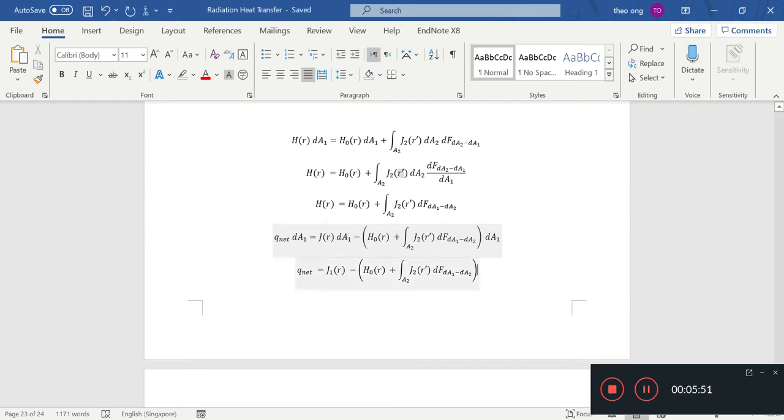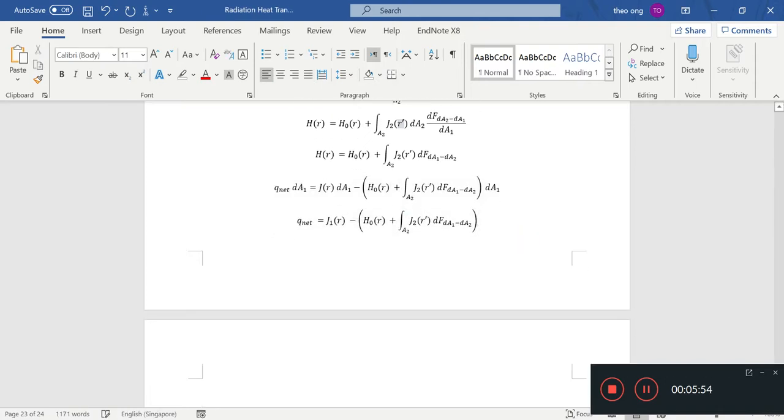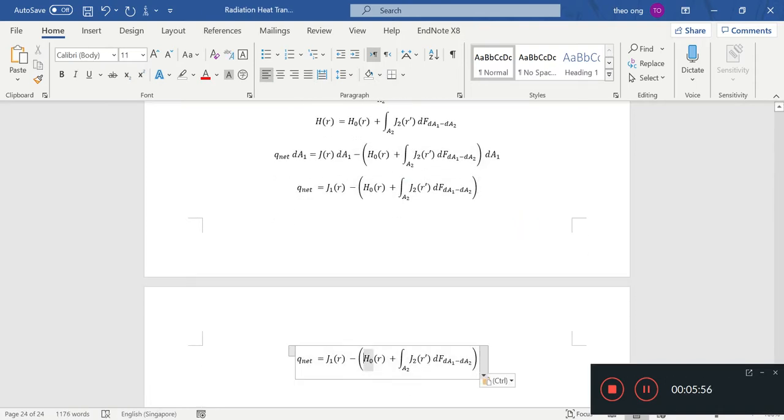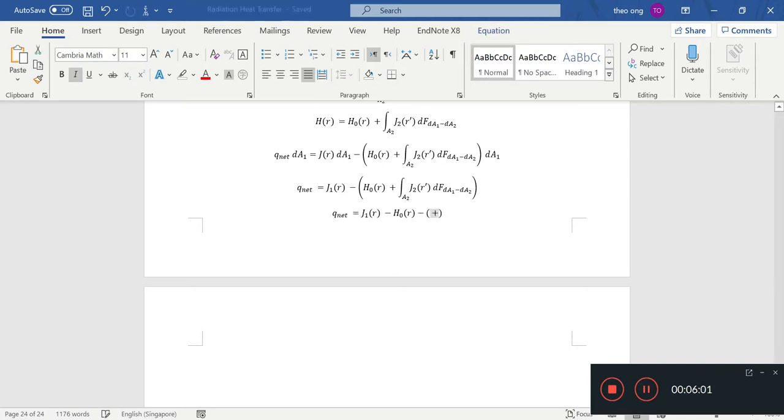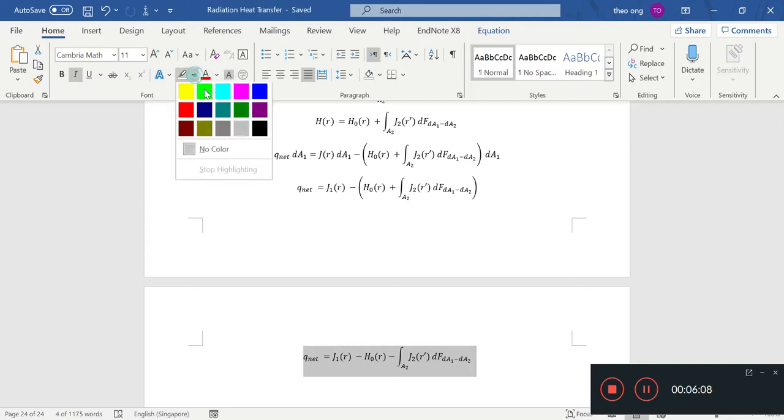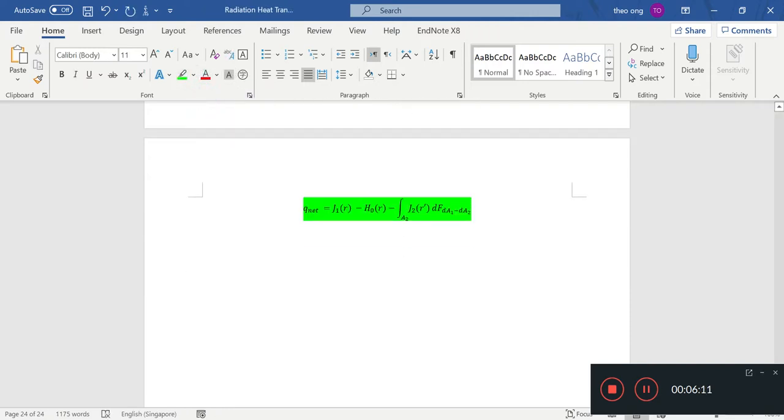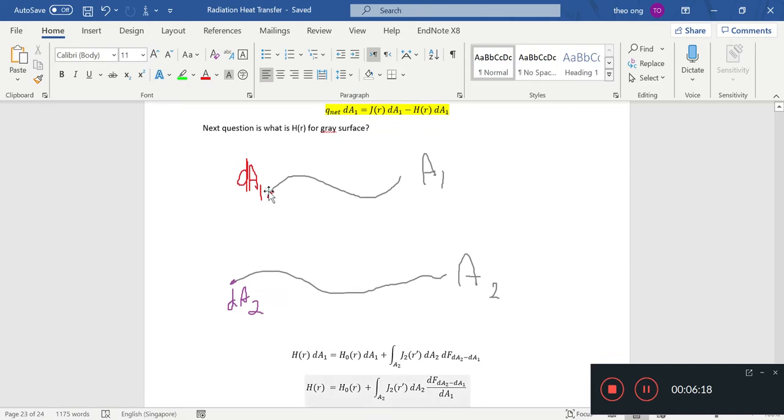If you were to do something like this, you bring the terms out, and we will get an expression here. I'm going to highlight it green because this is pretty important. This is the heat transfer, at least the heat coming off one surface into the other, on a per unit area basis, from here to wherever else it is radiating out.